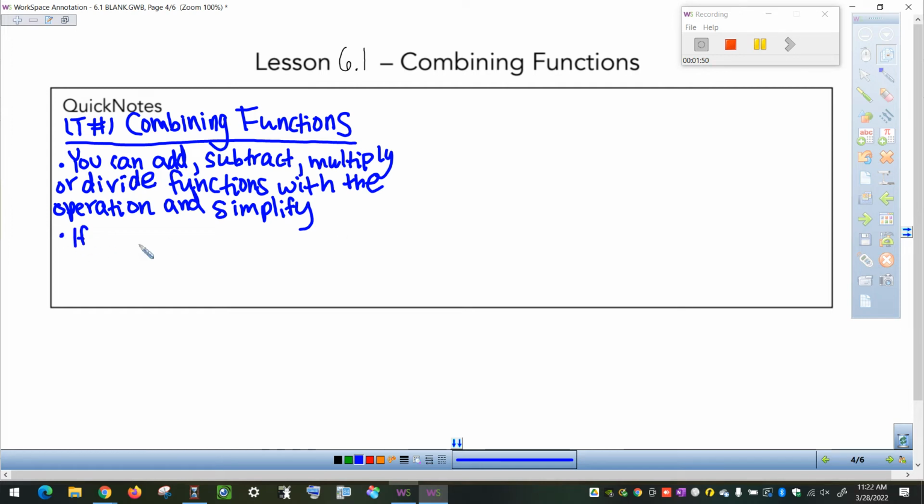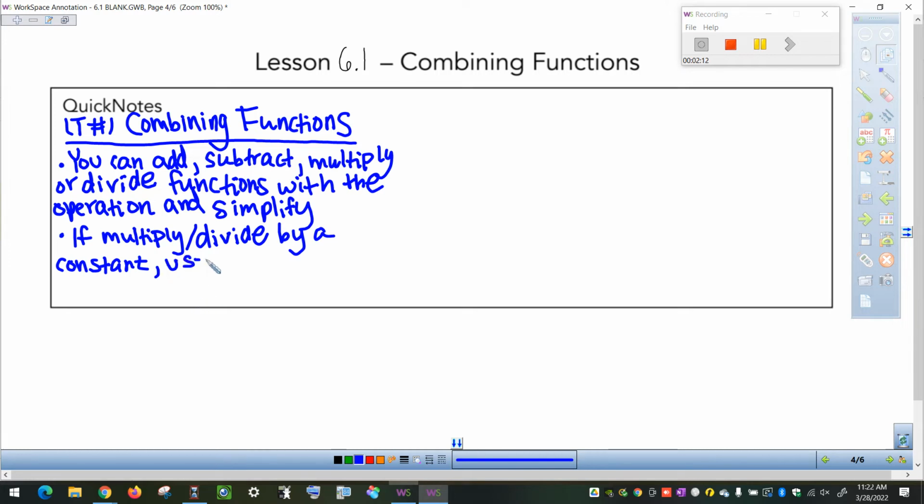Now, another little note I want to make here is that if we ever multiply or divide by a constant, a constant would just be like a regular number that does not have a variable attached to it, like 2 or 4 or 5. Those are constants.